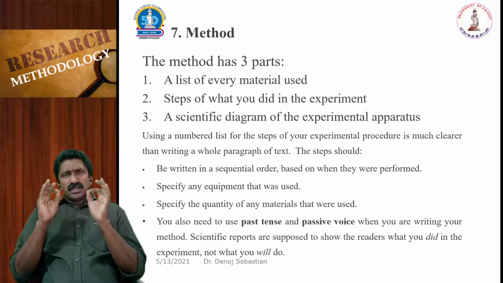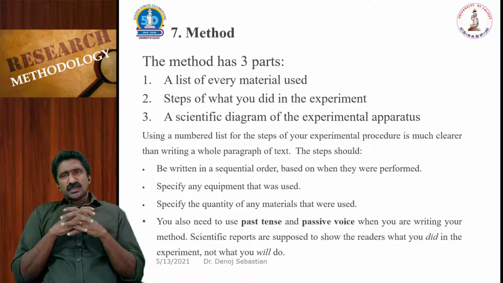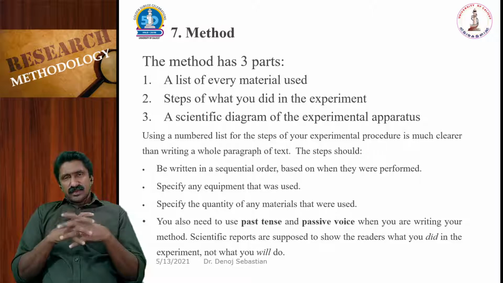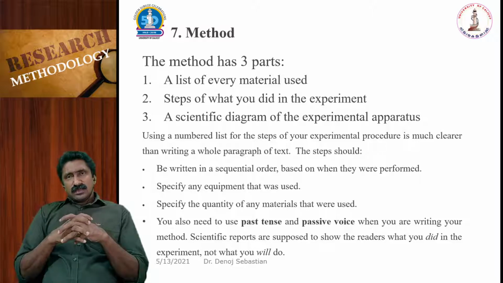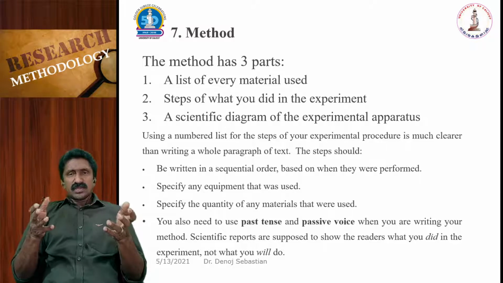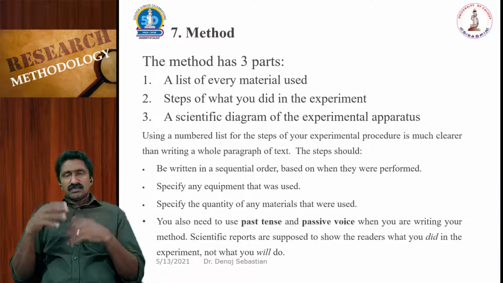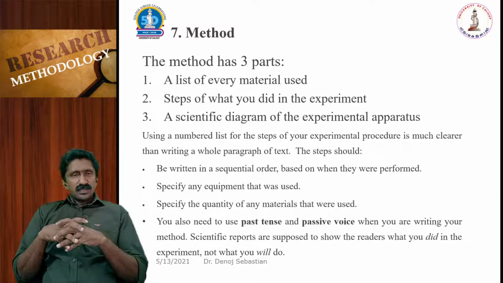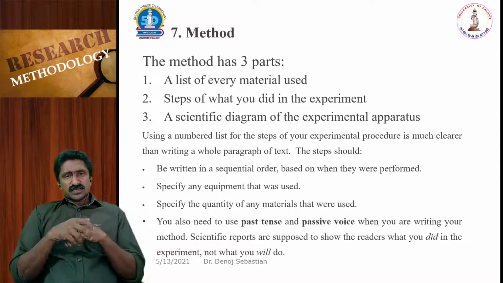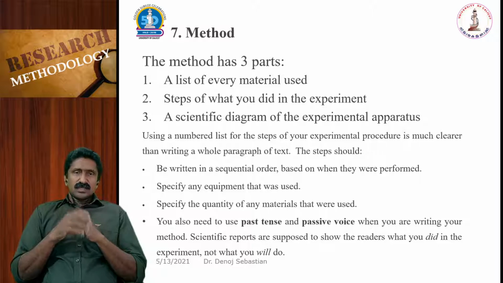Using a numbered list of the steps of your experimental procedure is much clearer than writing the whole paragraph of text. Usually you can describe the entire procedure as a paragraph, but it will not be very readable and understandable, and whenever somebody else is adopting that, it will be quite difficult. But if you provide a numbered list of the steps to be followed, then that will be quite easy for somebody else to replicate the experiment.